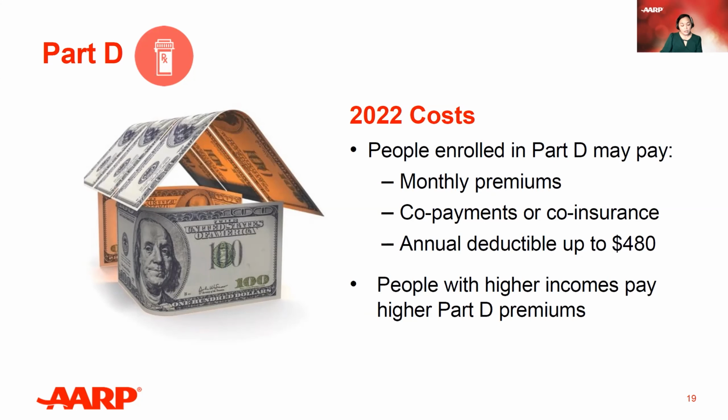Premiums for Part D are going to be higher for individuals earning more than $91,000 a year, or for couples earning more than $182,000 a year. In general, after you meet the $480 deductible, you are responsible for 25% of your covered Part D prescription drug costs until your total spending reaches the coverage limit, which is $4,330 in 2022.